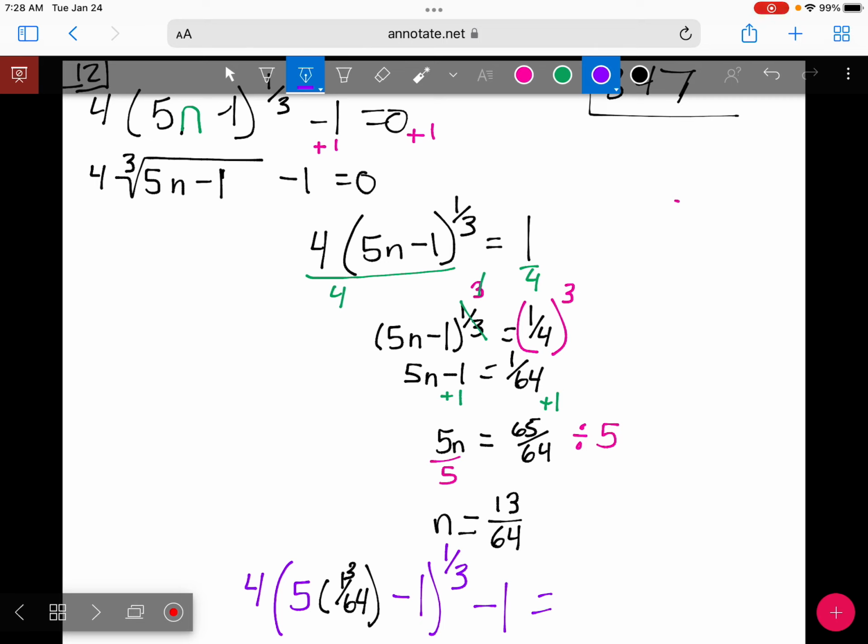I want to know what that equals. And we're just going to carefully type this into the calculator. 13 over 64 minus 1 to the power of 1 over 3 minus what? I typed it in my calculator and I did get a 0, which means this is a valid solution. This checks.